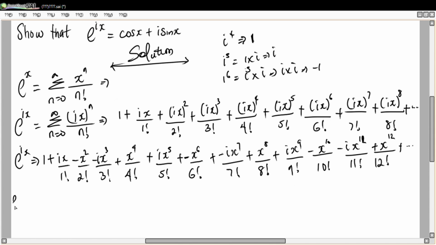Alright, from here we have e raised to the power ix. Now let's separate the real from the imaginary.